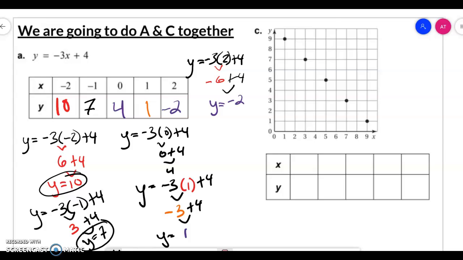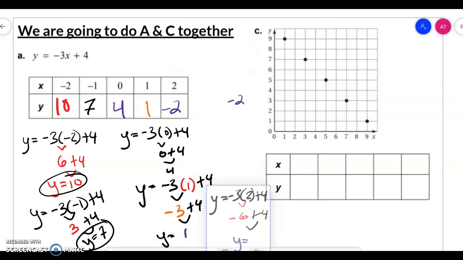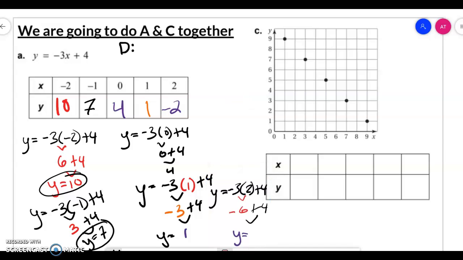So now it says write the domain and range. So if I was going to write the domain and range of the problems, you can write D for domain, R for range. My domain is always X values, so I have -2, -1, 0, 1, and 2.